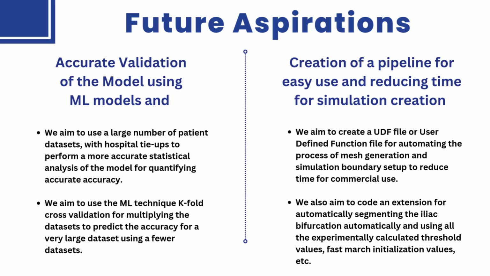Also enhance the rendering simulation pipeline using RANS models like the Reynolds-averaged Navier-Stokes instead of the k-epsilon to simulate the blood flow more accurately, and create an extension for 3D Slicer which automatically segments out the abdominal aorta from the CT scan, in order to save time for commercial use.